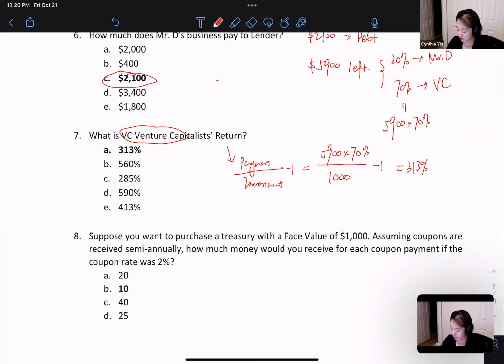Let me double check if my answer is right. So yeah, this thing equals 413%. Remember, return has to minus 1 here. So your return is 313%. Okay.